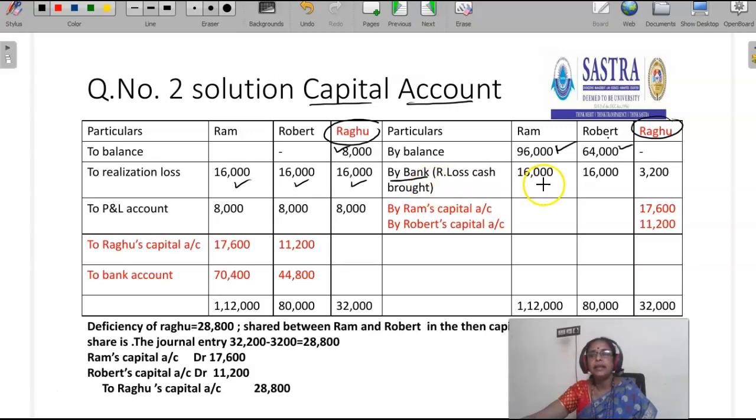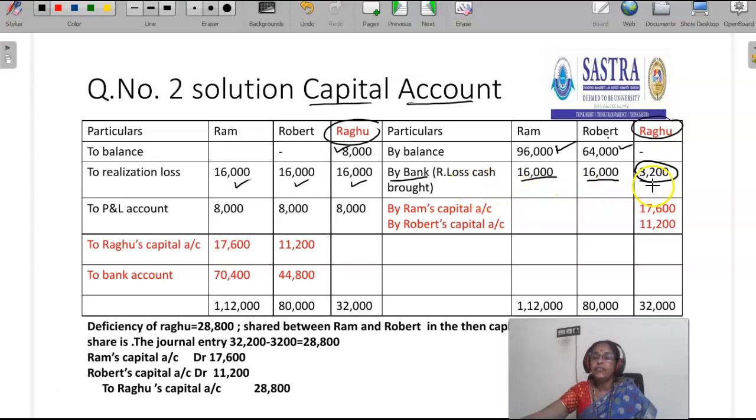Ram brings 16,000 rupees, Robert brings 16,000 rupees. Raghu is insolvent. He brings only 3,200, his contribution from his private estate. This is the first concept of the rule of Garner versus Murray.